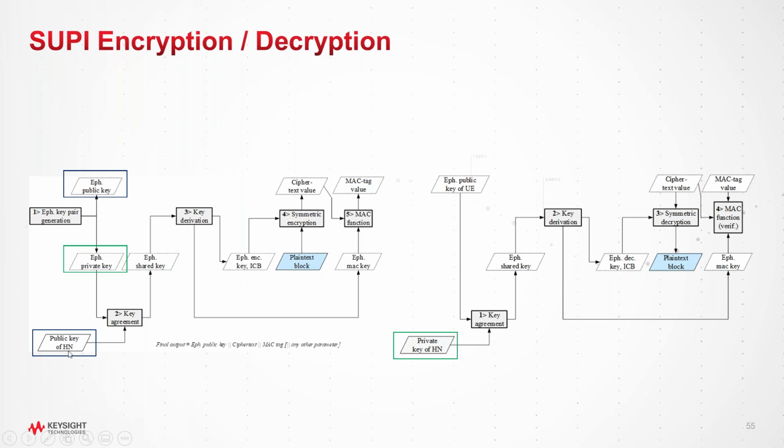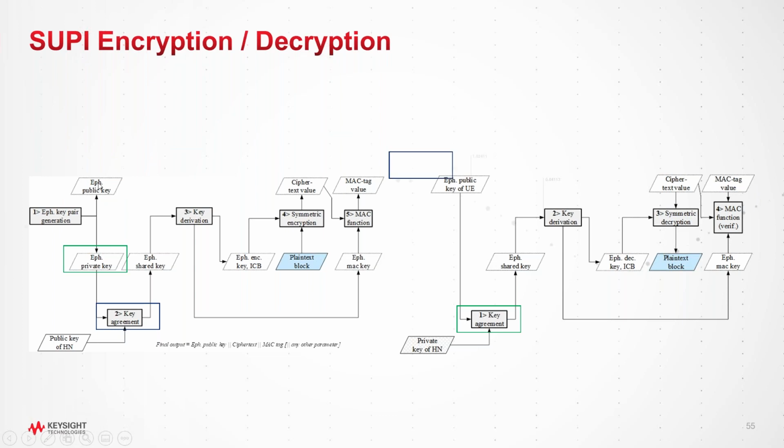There's a public key of the home network and the private key of the home network, right? What the public key of the home network on the UE side does to this key agreement section here can be undone on the right-hand side only with the private key, and only the home network has this private key.